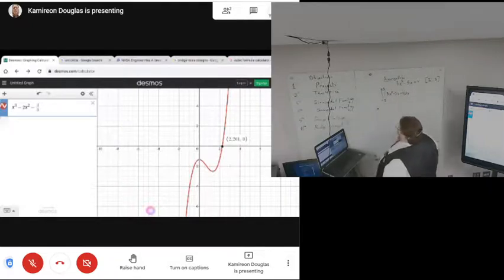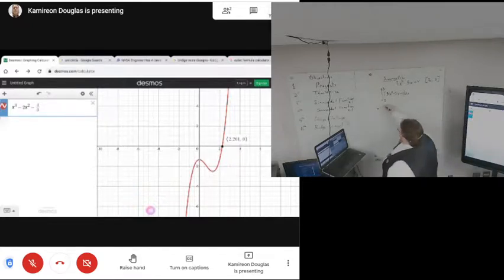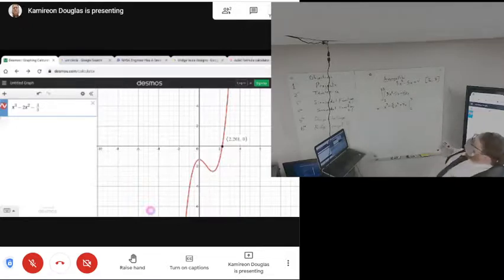When I integrate, what do I get? Beautiful. x cubed minus 5 halves x squared plus 4x from 2 to 5. Okay, now what? Plug in 5 and 2.